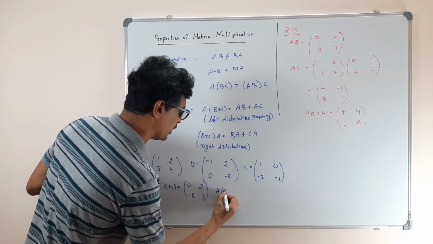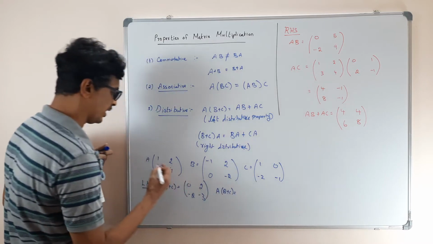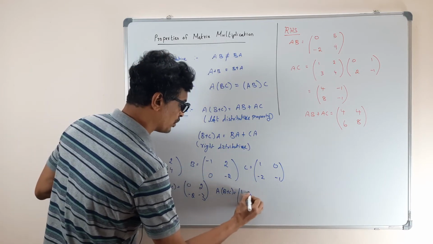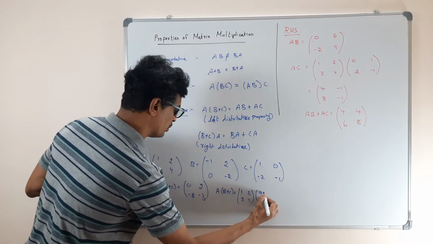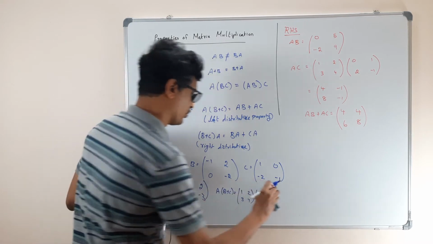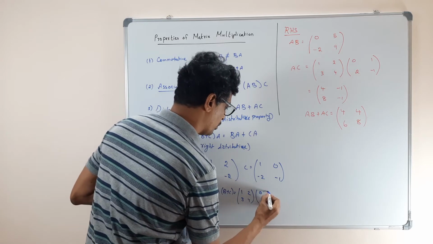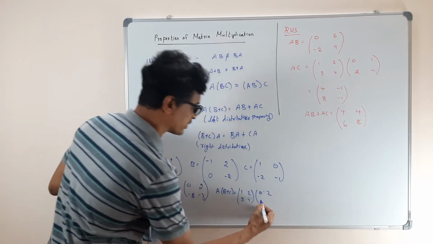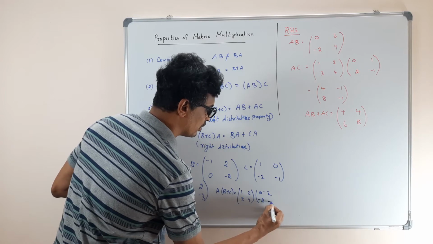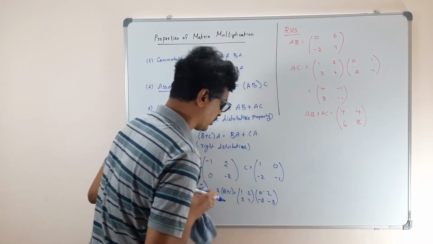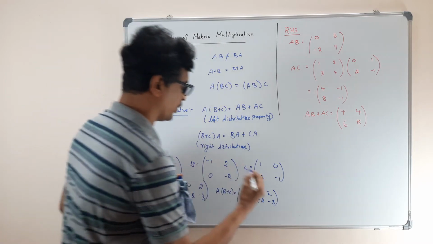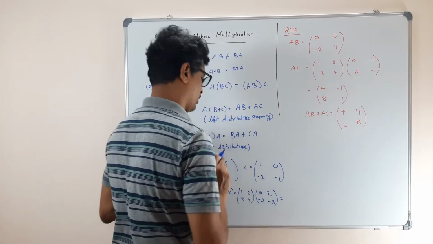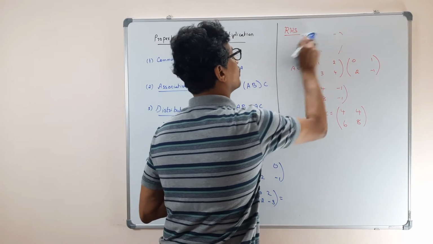What is A? 1, 2, 3, 4. And B plus C is 0, 2, minus 2, minus 3, correct? Okay, tell me what this will be. Just do it on the paper and tell me what it will be.